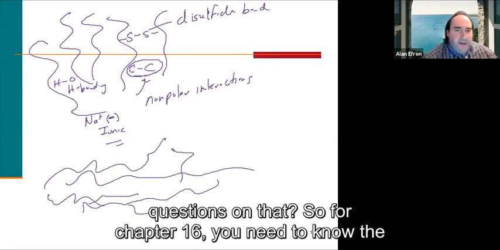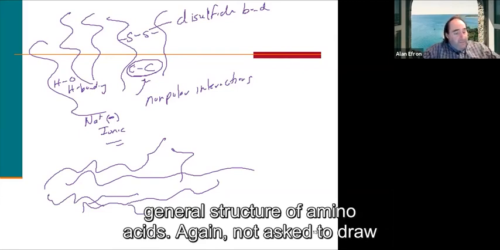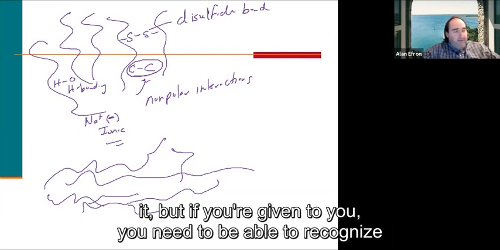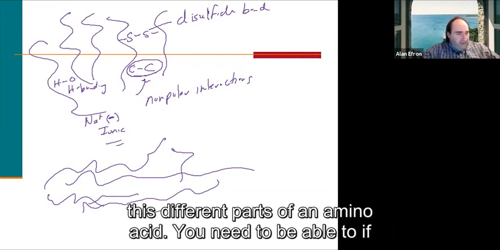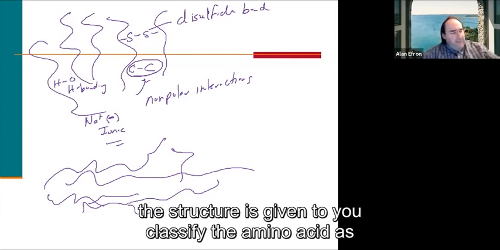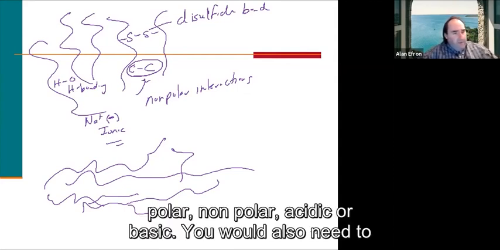Any questions on that? So for chapter 16, you need to know the general structure of amino acids. Again, you're not asked to draw it, but if it's given to you, you need to be able to recognize the different parts of an amino acid. If the structure is given, you need to be able to classify the amino acid as polar, nonpolar, acidic, or basic.